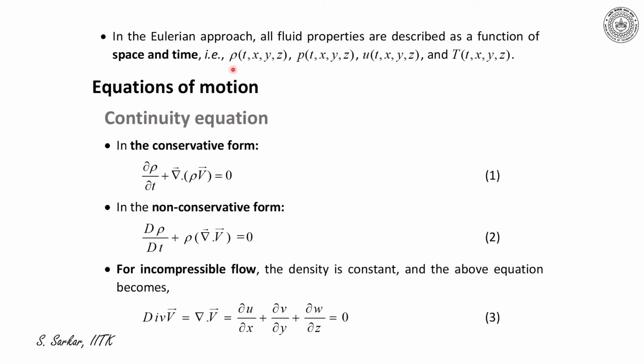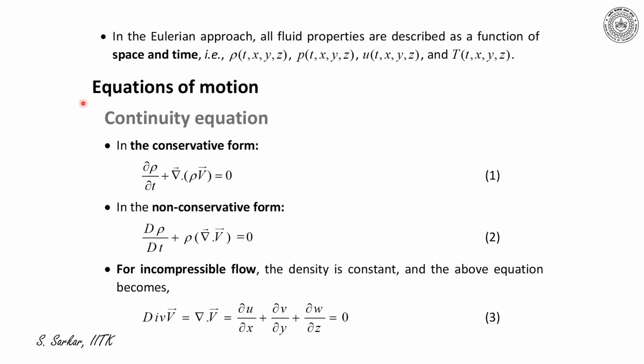That is, density, pressure, velocity components, and temperature can be expressed as a function of t, x, y, z. t stands for time, x, y, z represents the position.